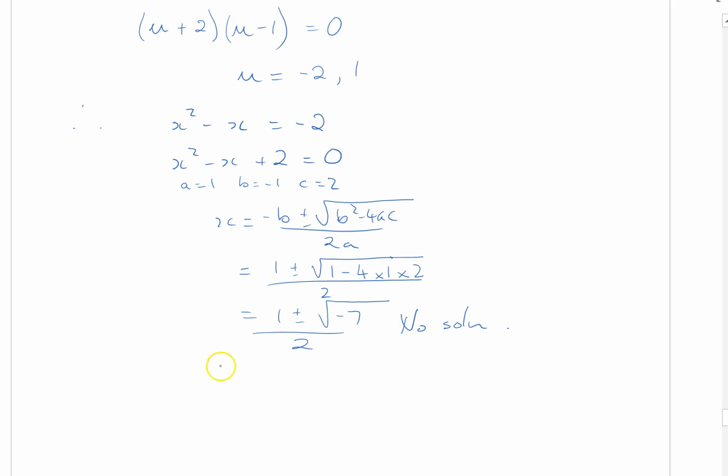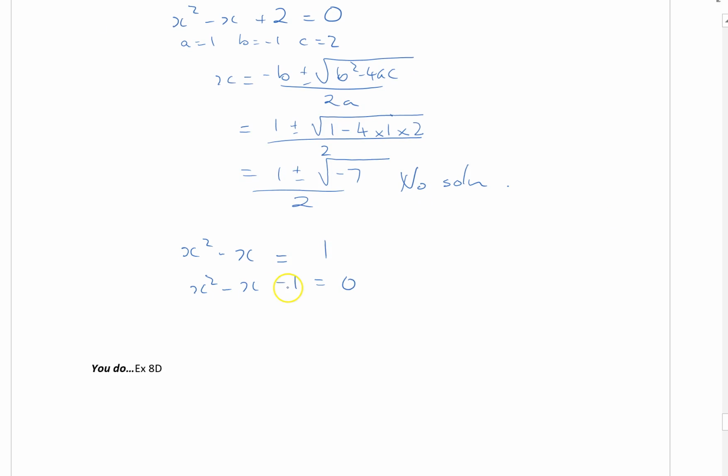What about when u, which is x squared minus x, is 1? So we get x squared minus x minus 1 is equal to 0. And again, are there two numbers that multiply to give minus 1 that also add to give minus 1? I don't think so.